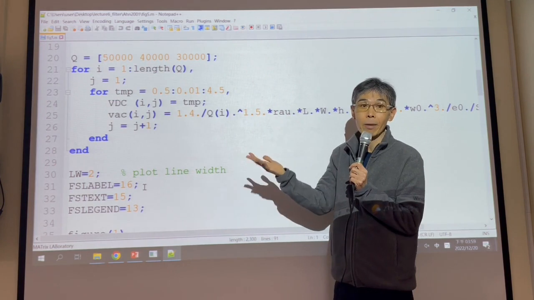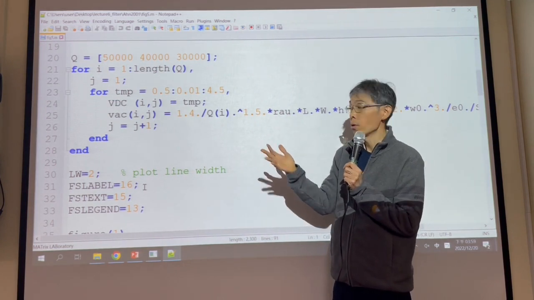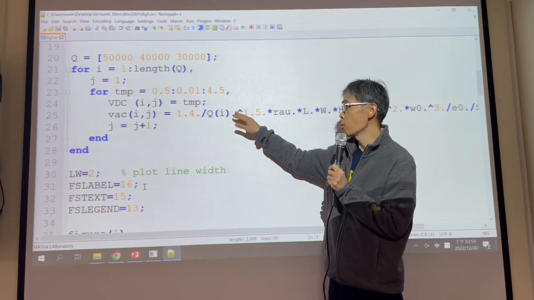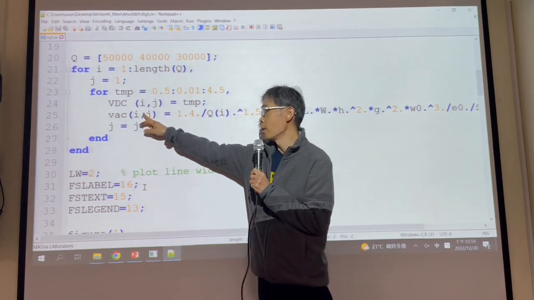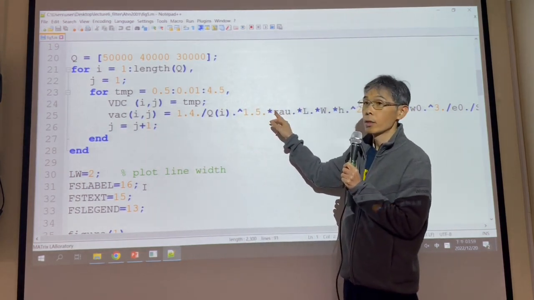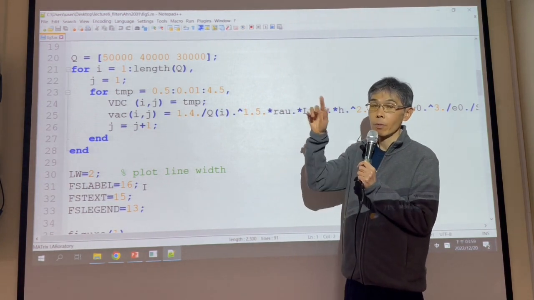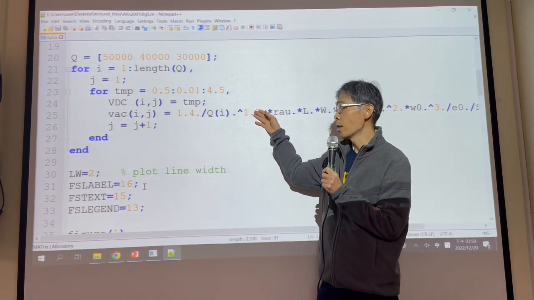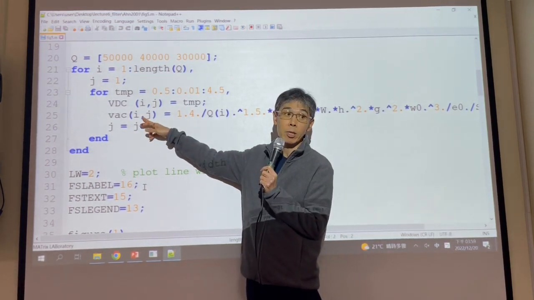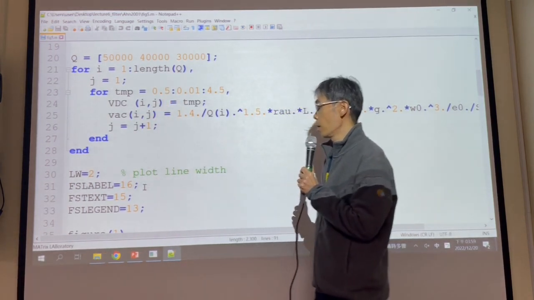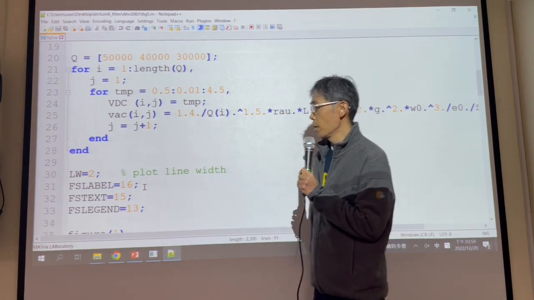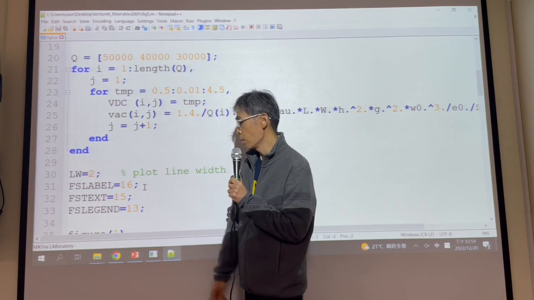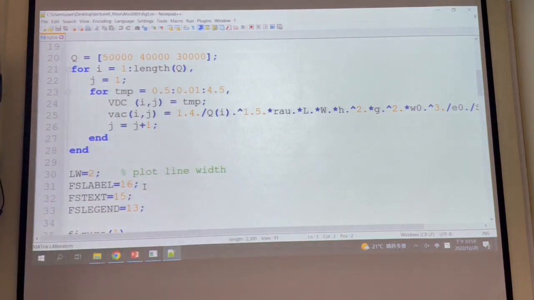Otherwise, MATLAB will tell you a dimension error. Because if this is dimension 1, and you use a matrix, the dimension is say 3 by 2 or 5 by 6. So a matrix cannot equal an element anyway. Okay, use this one, and this is the plotting parameter. Then you can plot the result.